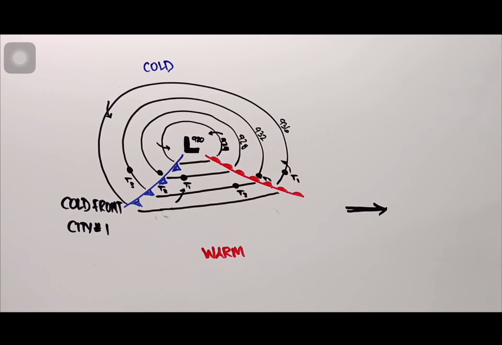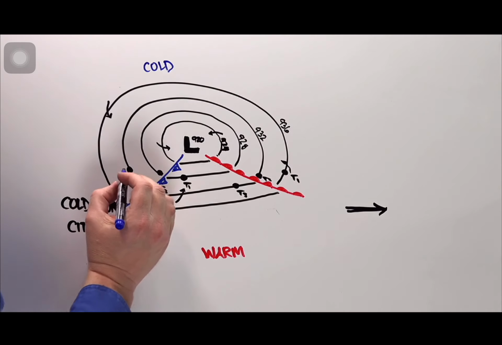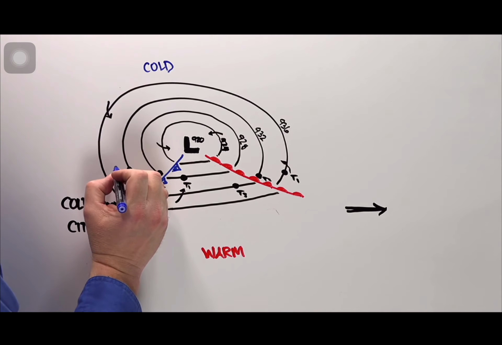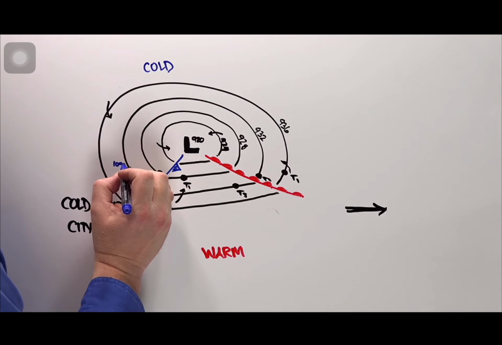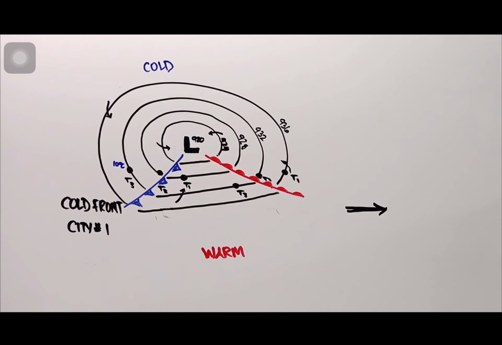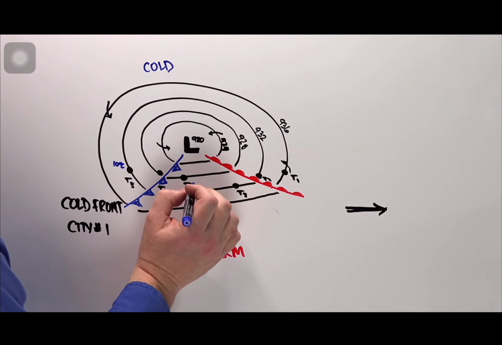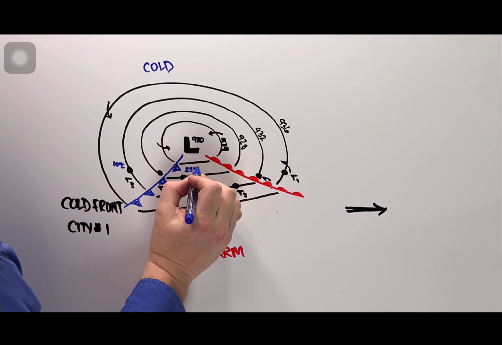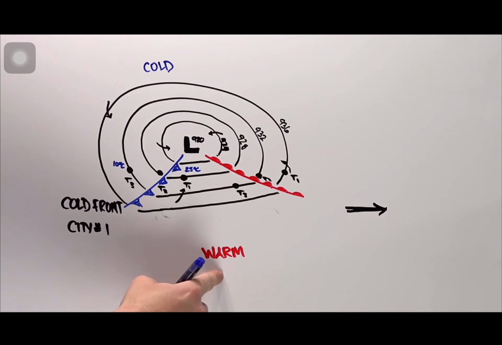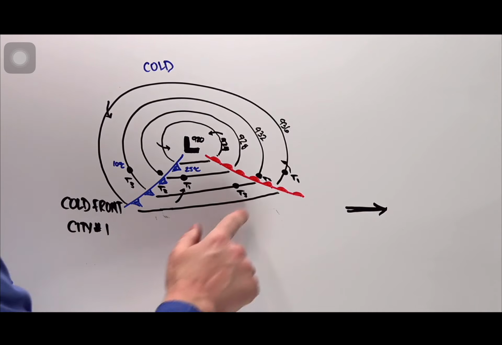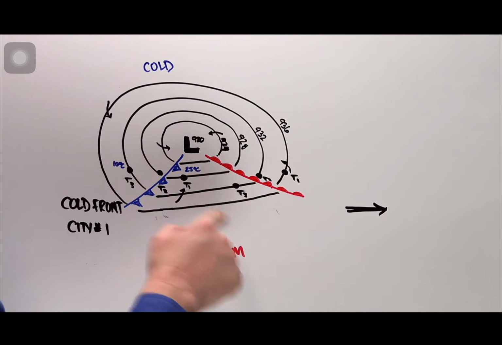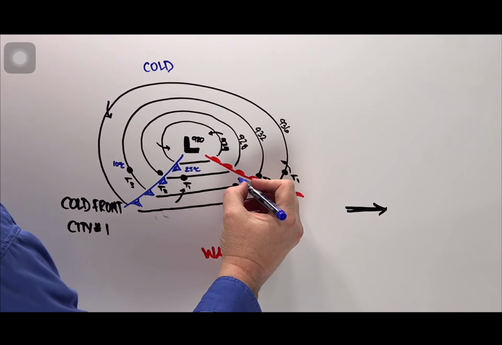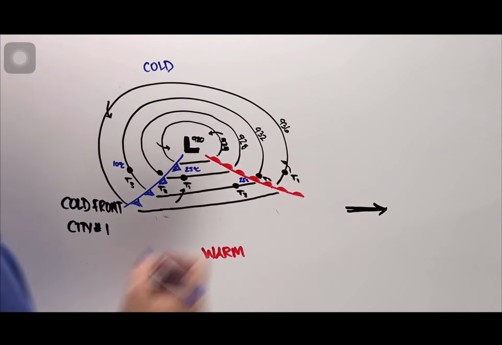So the temperature over here, let's say, is maybe 10 degrees Celsius. In here, perhaps the temperatures are 25 degrees Celsius. That makes sense. It's warm. So this town over here is probably going to be encountering pretty close to the same temperatures, 25 degrees Celsius.